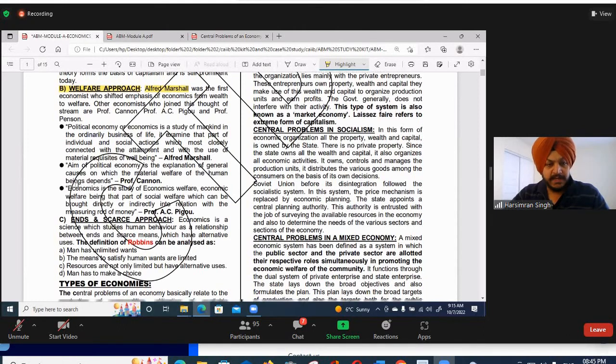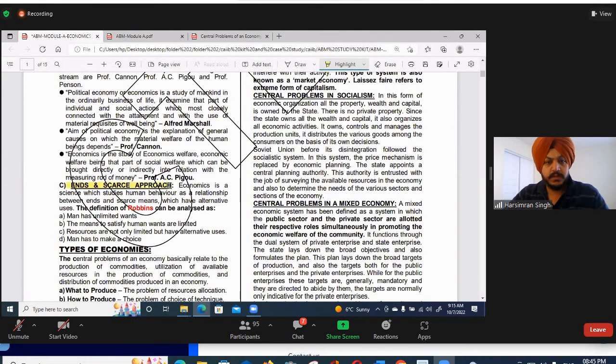Then the ends-scarce approach. This question came in the previous exam, that this ends-scarce approach was given by Robbins. Economics is a science which studies human behavior as a relationship between ends and scarce means.